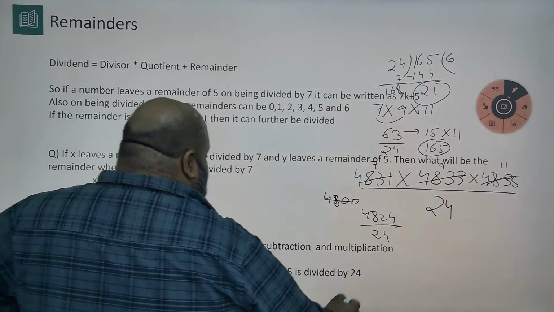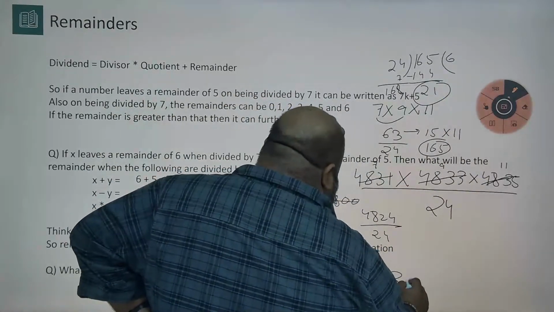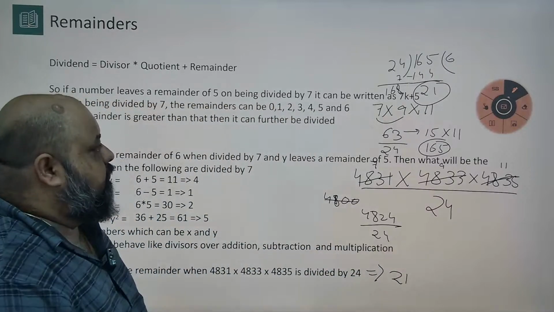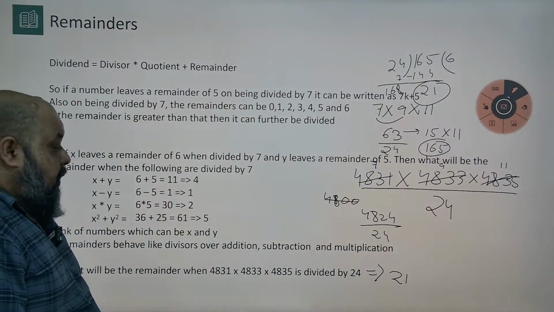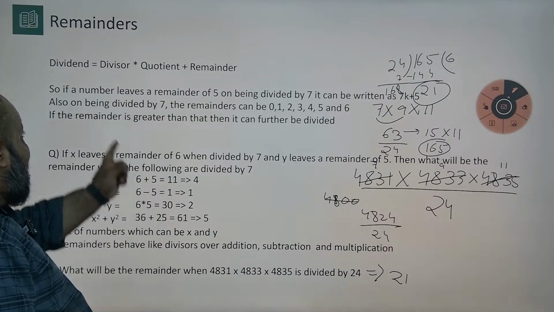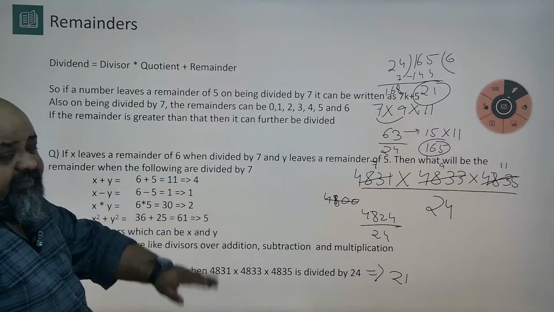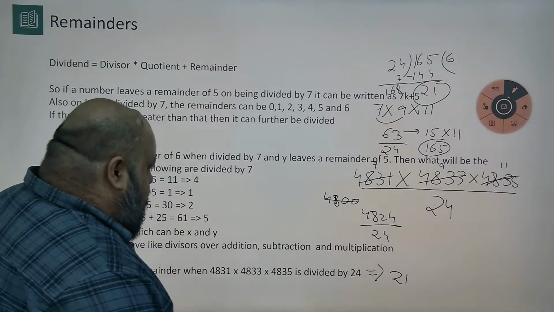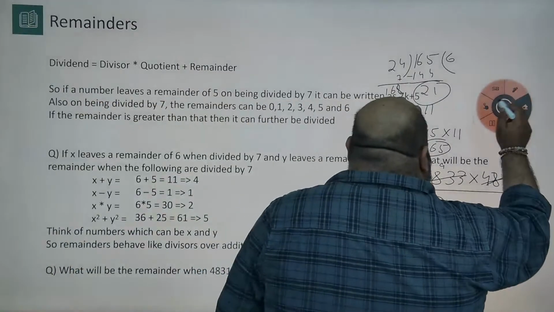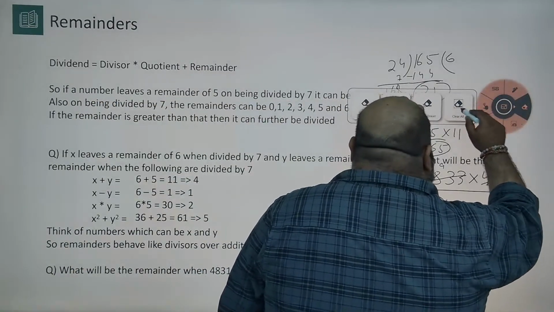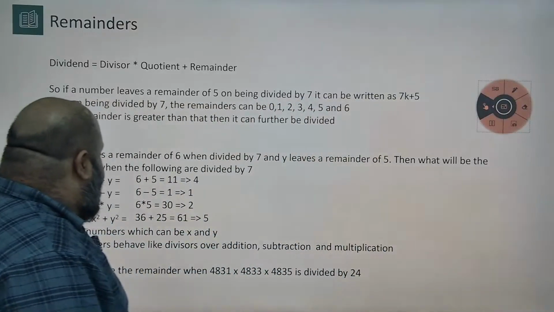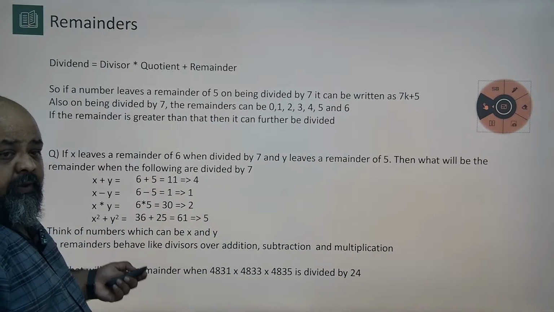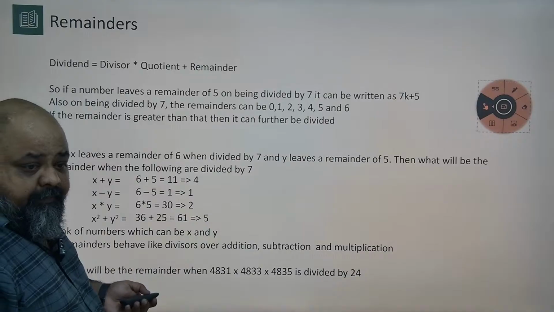The overall remainder here will be 21. Right? So the remainders behave like the dividend over addition, subtraction, multiplication. This is question type 1.